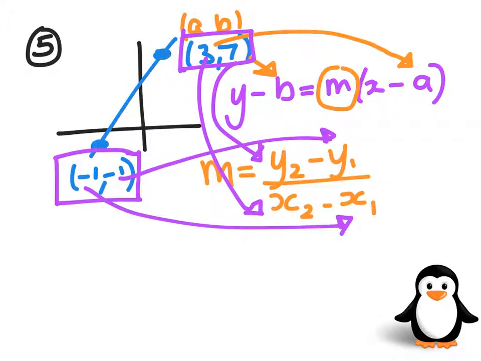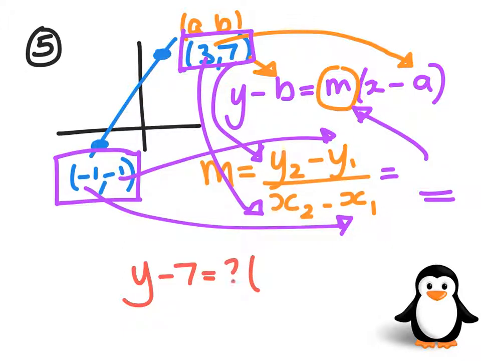Now I know that looks a bit messy, but once you've done it all, you should get a nice wee simple number coming out. Once you've got that wee simple number, it goes back in there. So you'll end up with something like y minus 7 equals whatever that simple number is times x minus 3. And then if you remove those brackets and tidy up, you'll get your final answer.